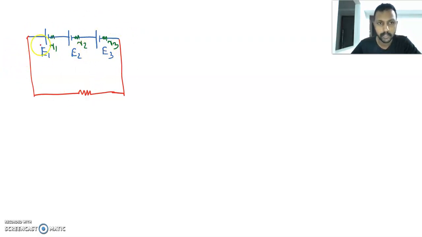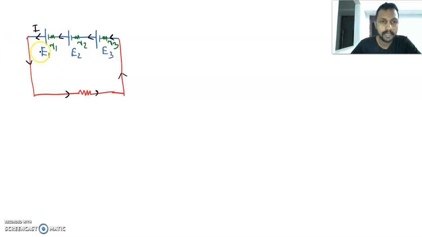If the circuit is closed, there will be a current passing through the circuit. Let me say a current I will pass through this external resistor and it will pass through each cell also.